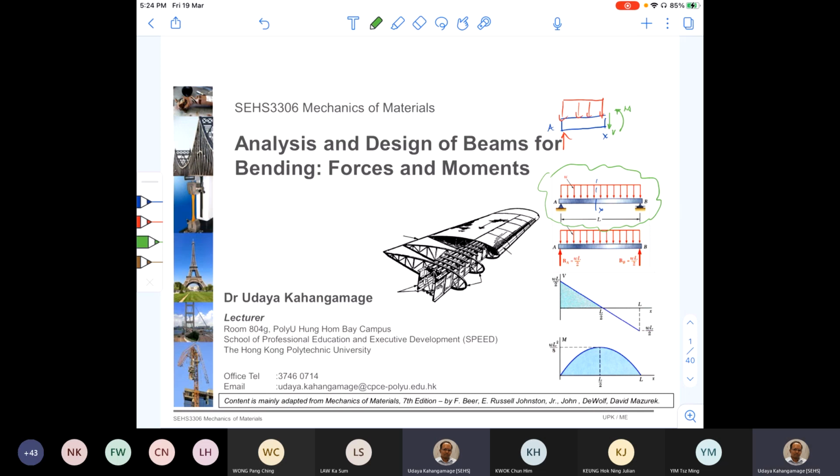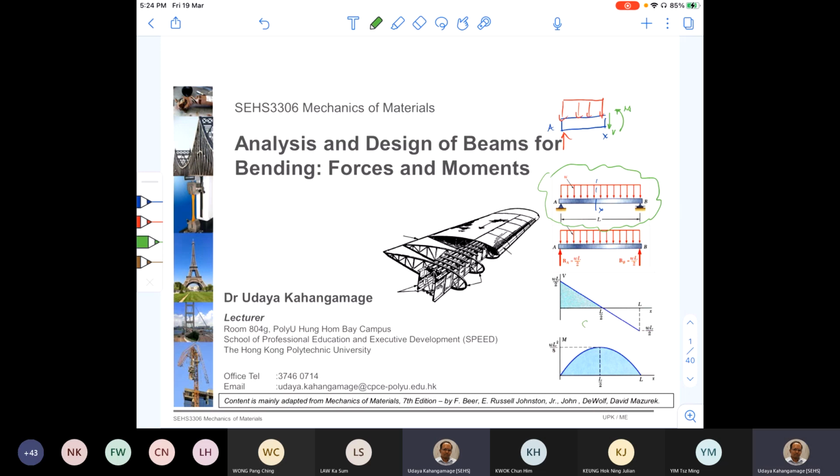We have to decide that by finding out the maximum values of shear force and bending moment, V and M. Since V and M are not constant, and vary along the length of the beam, we need to find out the shear force variation and bending moment variation along the beam, right?